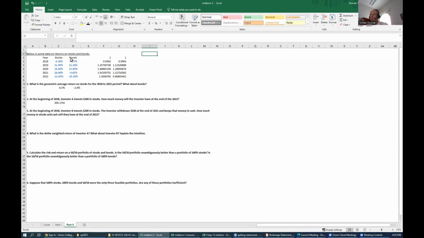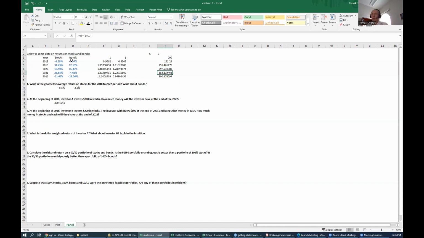So here, this is investor A, and this is going to be investor B. Investor B also starts with $200. And next year, that's going to grow by 1 plus the rate of return on stocks. And I can just copy that down.